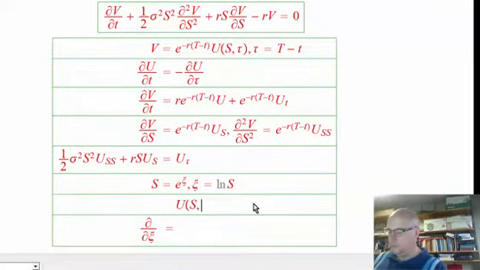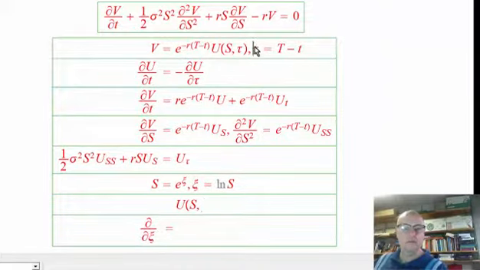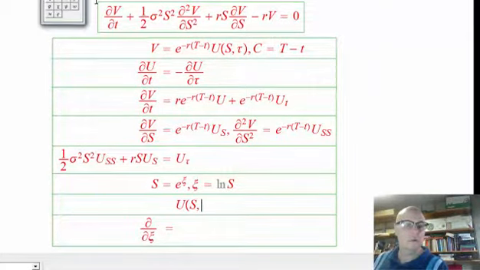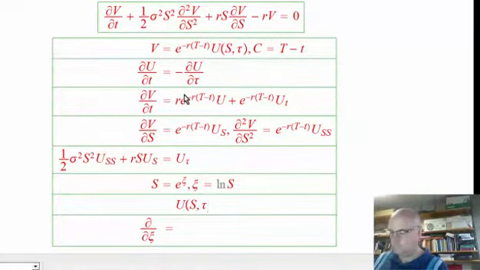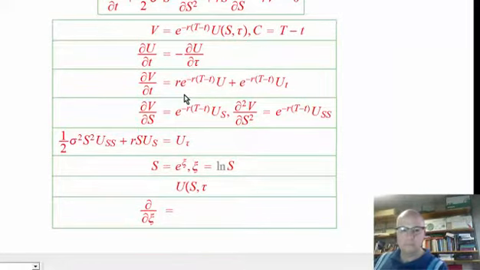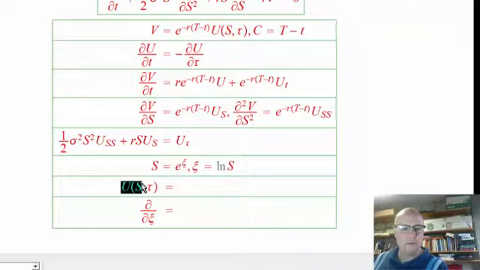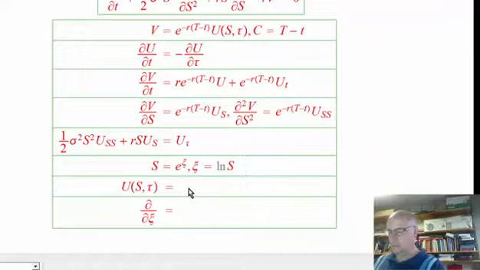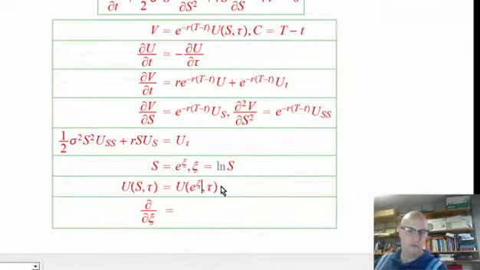Right now I've got u being a function of s and tau. I'm going to end up then, instead of writing s here, I'm going to write e to the squiggle.